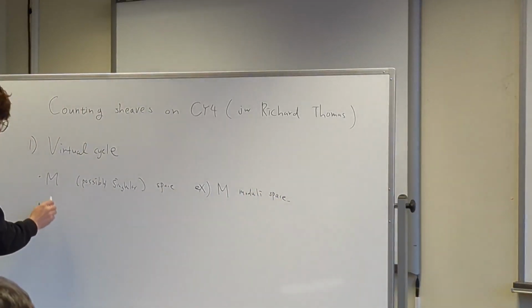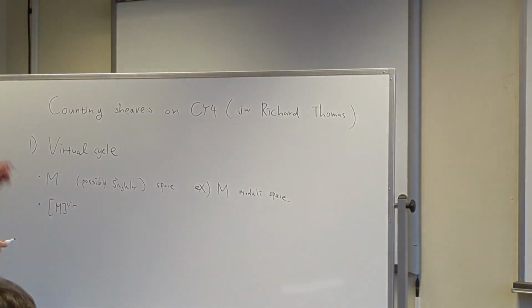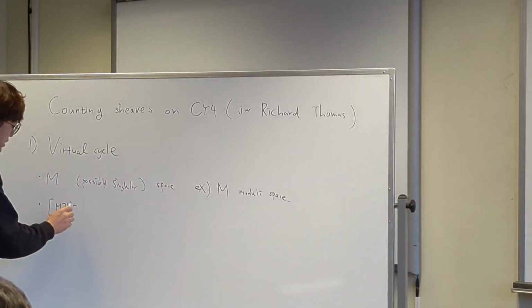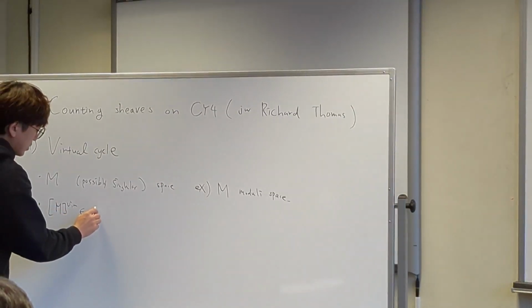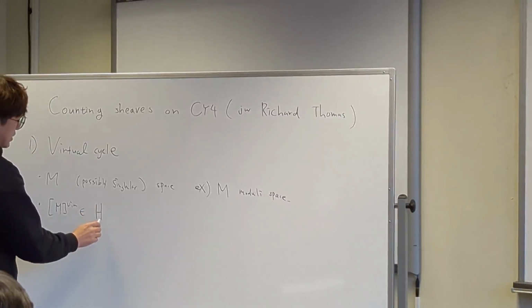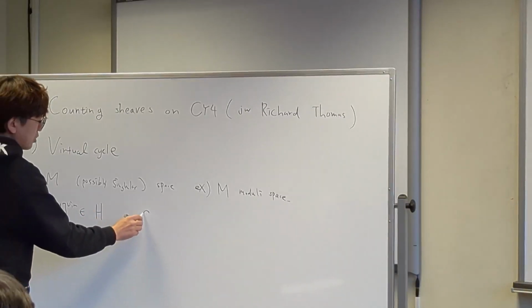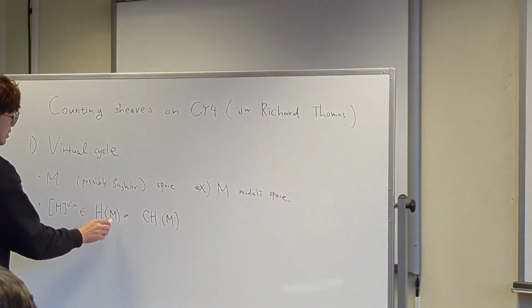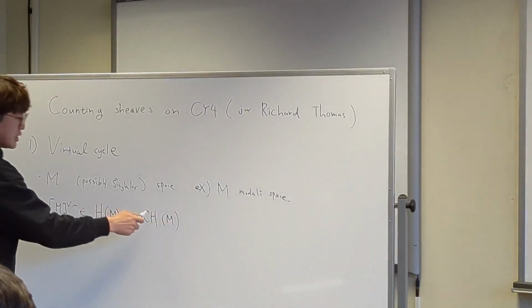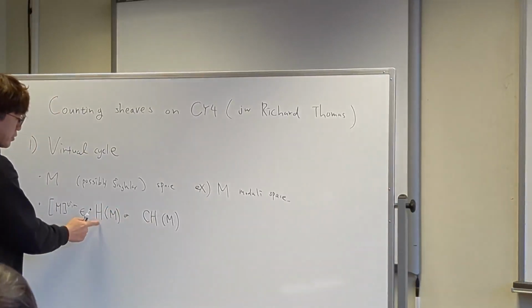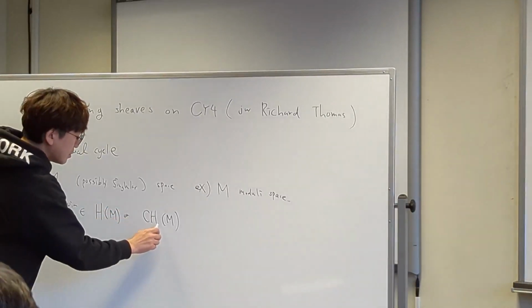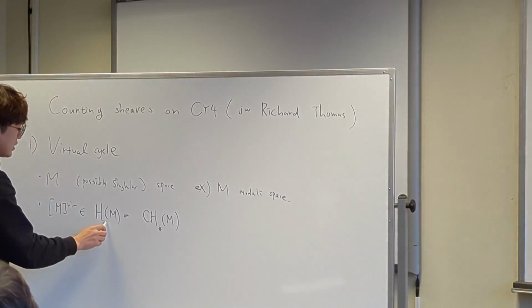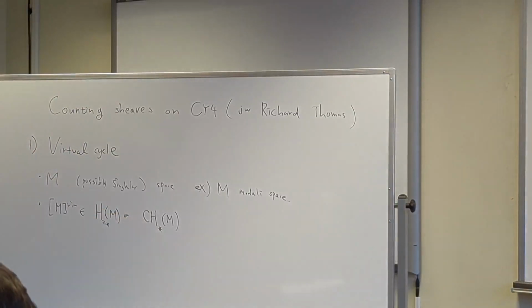Then we denote our virtual cycle by this. This is some cohomology class or Chow cohomology class of M. They are related. Sometimes we take homology here, but the degree could be twice this.